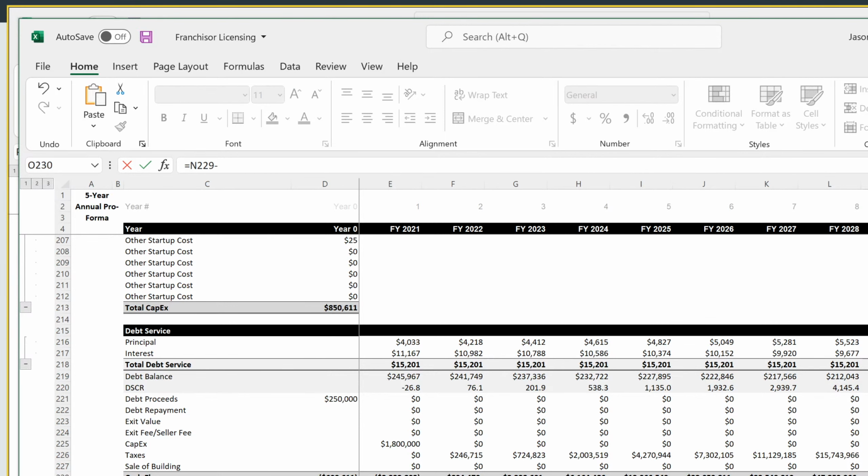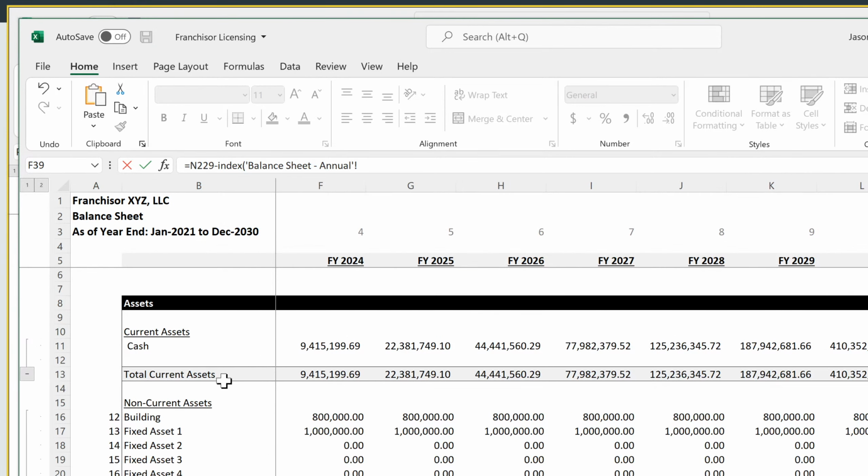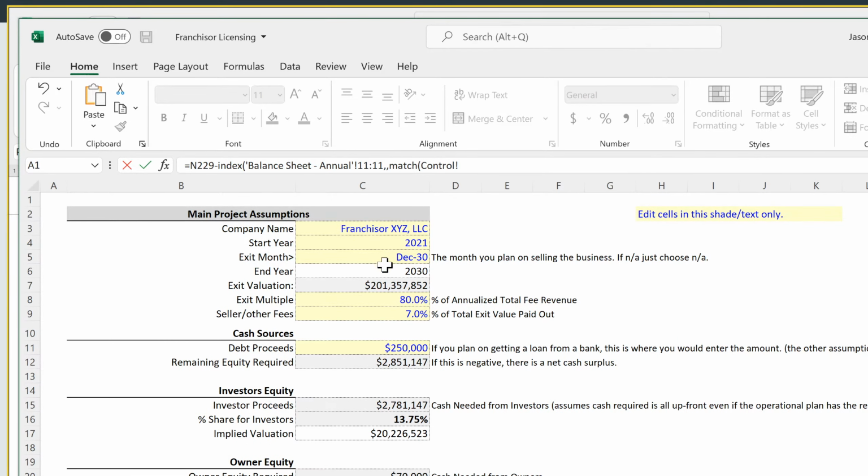So this minus index, balance sheet annual cash flow, if the year, exit year, matches the year over here.